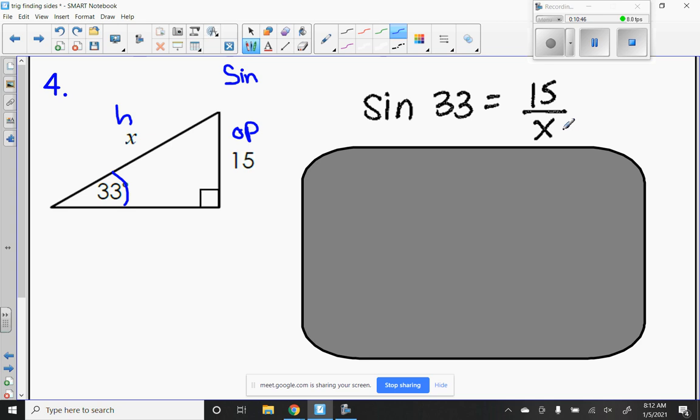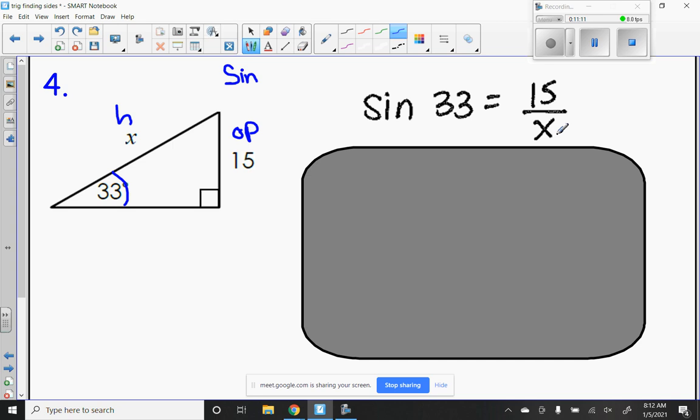First time this has happened. And I'm going to teach you a little trick. When the x is on the bottom, I call this the little switcheroo. Here's what I want you to do.